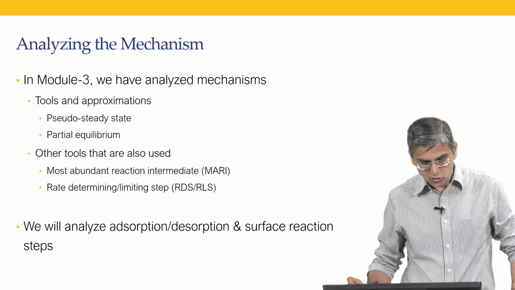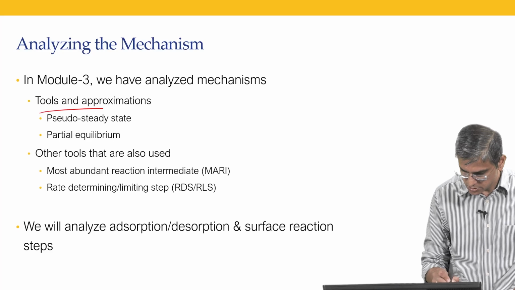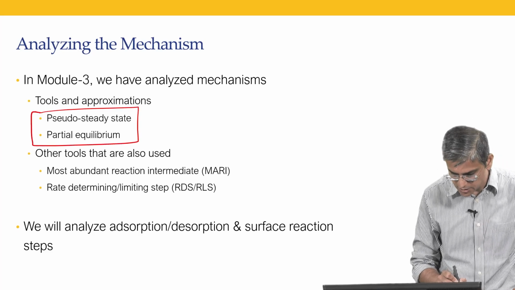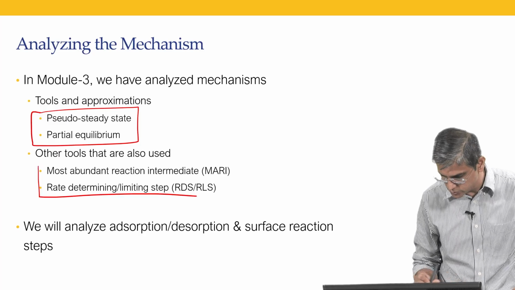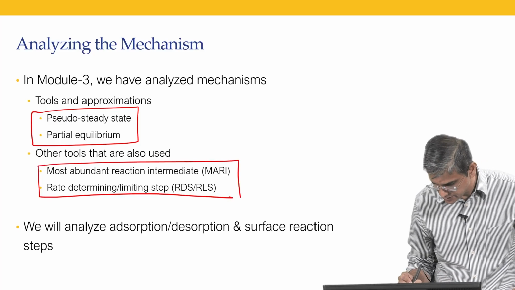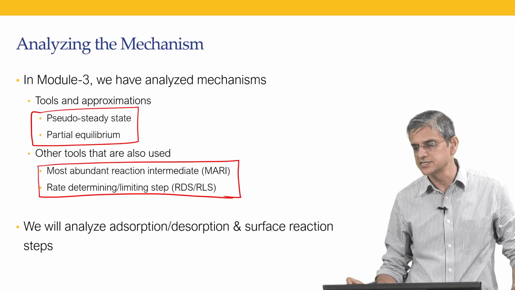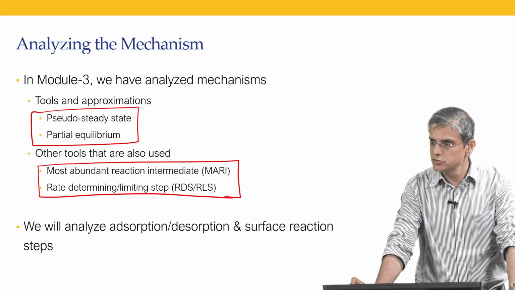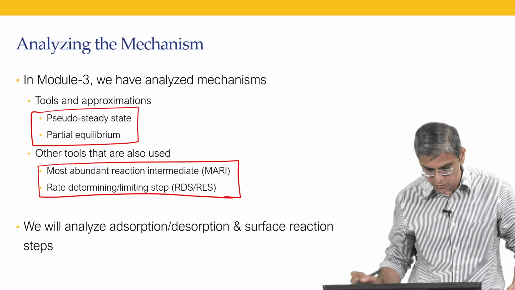So, the tools that we are going to use are pseudo steady state and partial equilibrium. The other tools that we are also going to use are most abundant reactive intermediate and rate limiting steps. What do these mean? How we are going to use them is what this module is about.